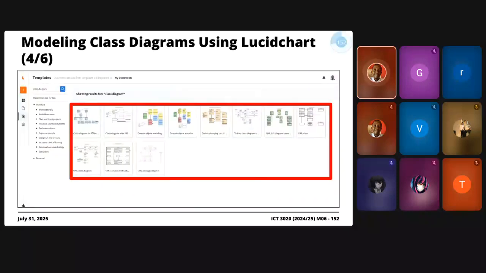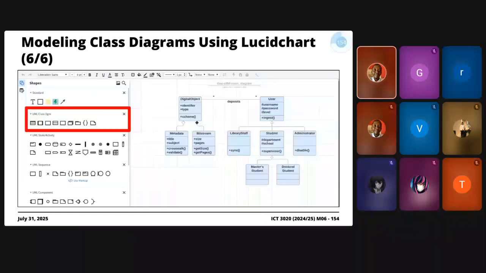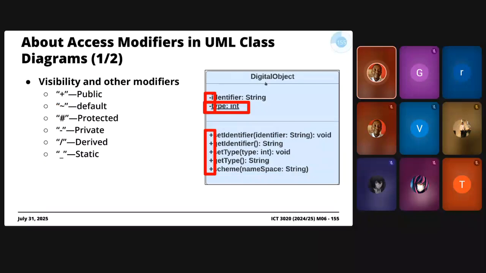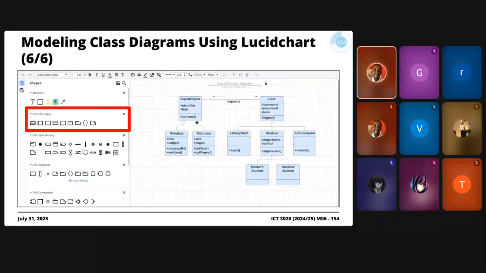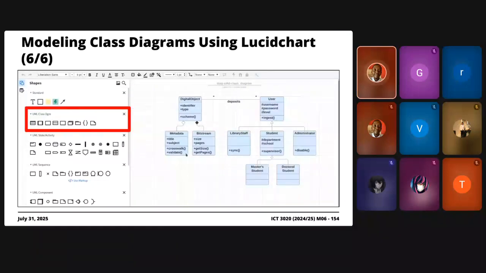Or alternatively, you can use an existing template. Just search class diagram within Lucidchart, and then choose an appropriate template. Using that template, you can just edit out the class names, for instance. But you want to be very particular about the other syntax here, especially if you are looking at taking advantage of model-driven engineering.